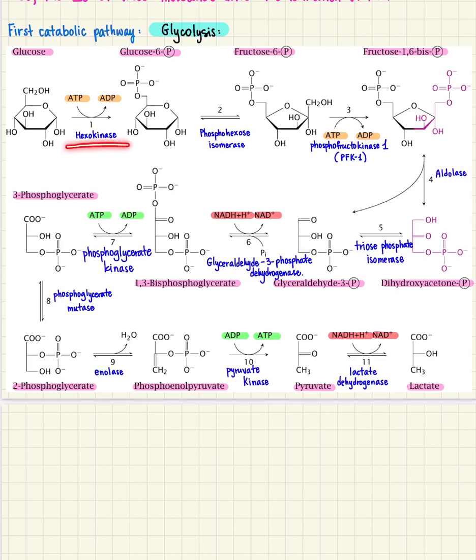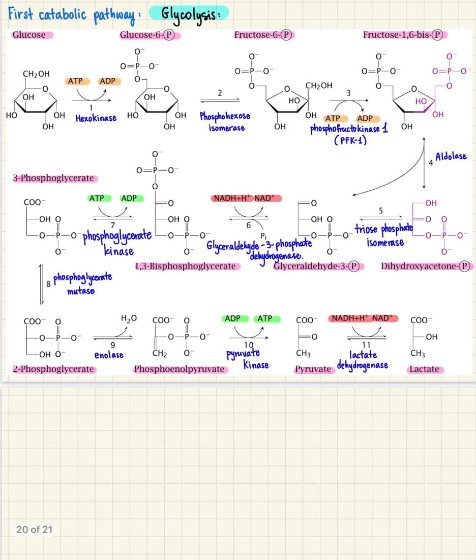This reaction takes place with the enzyme hexokinase, and it's a little bit of a weird reaction because the whole point of glycolysis is to break down glucose in order to make ATP, right? But over here, right off the bat in the first step, we are using ATP. So you might be confused.